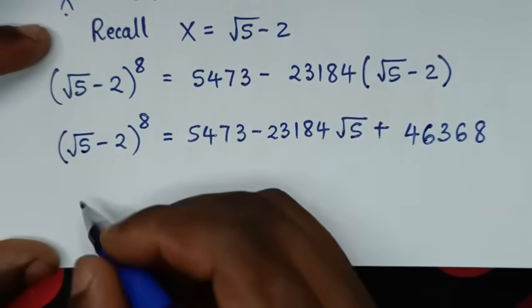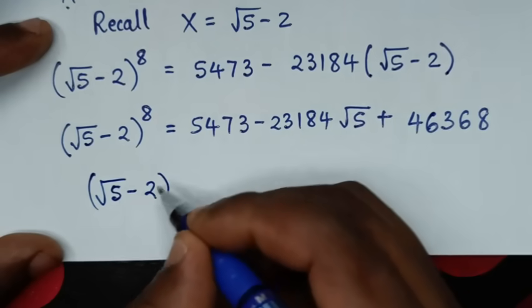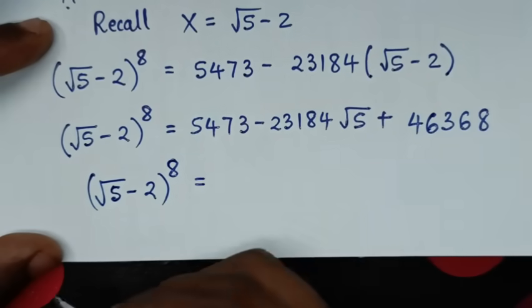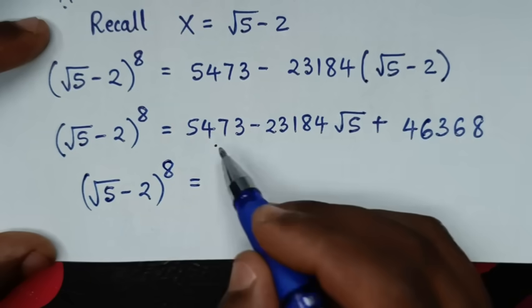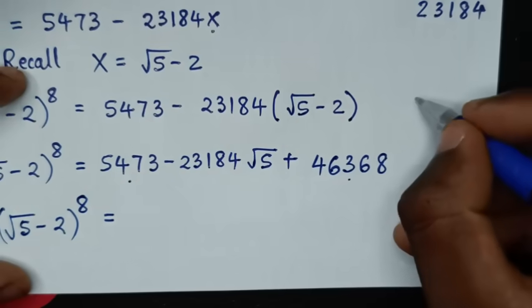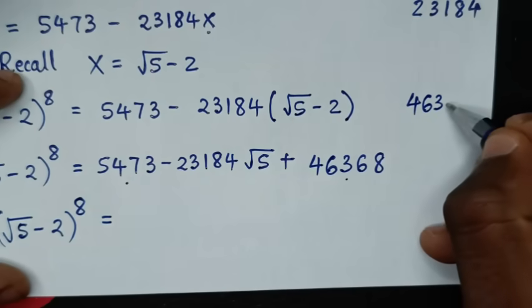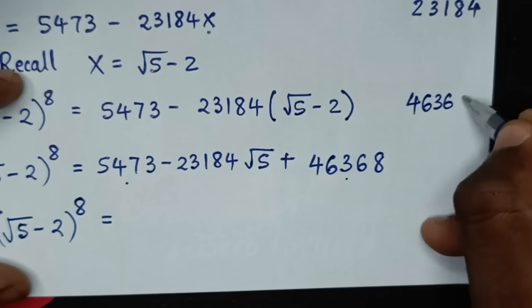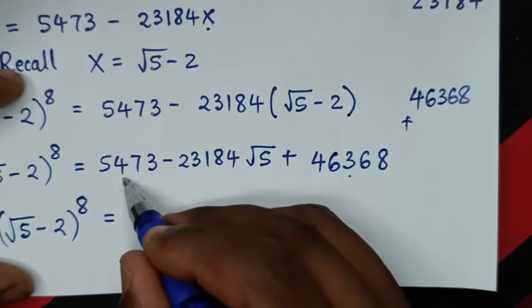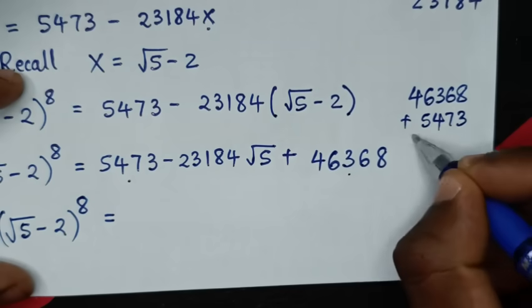Then in the next step, (√5 - 2)^8 is equal to, we'll take this plus this. Now to add here, 46368, then plus this here, which is 5473.